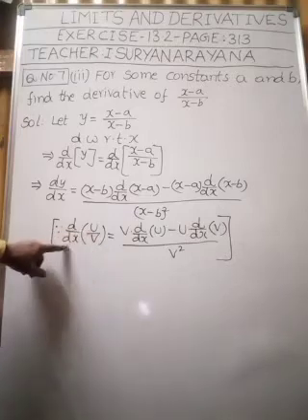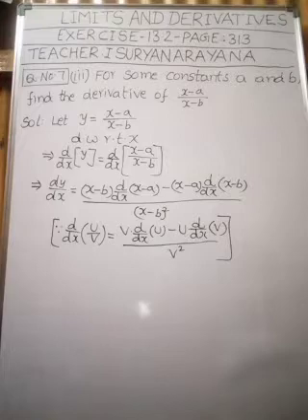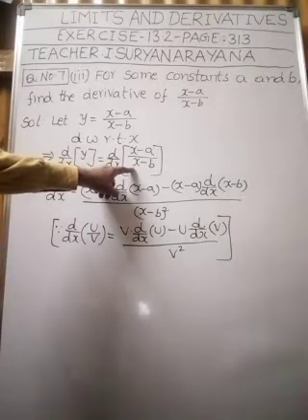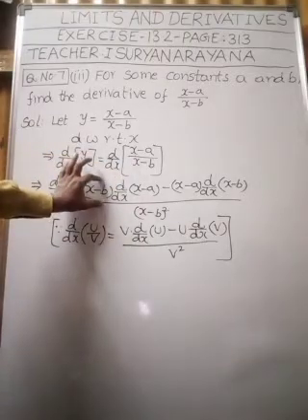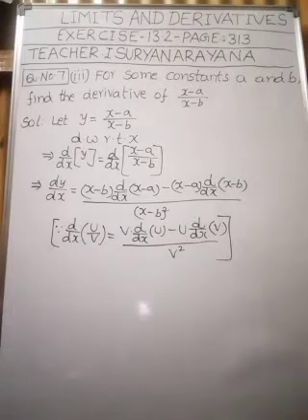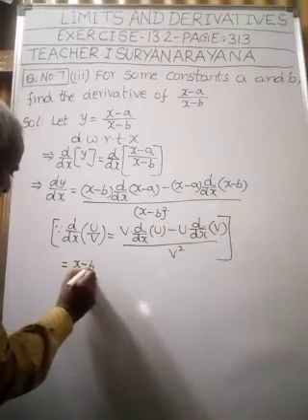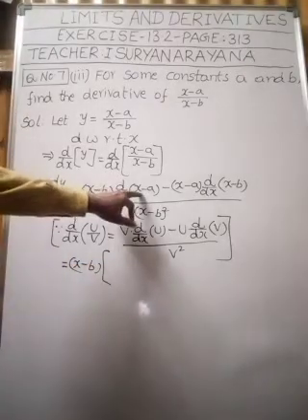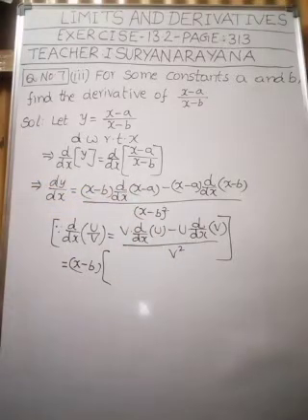Okay, my children, by using this quotient rule, this is also called the quotient rule, where u is equal to x minus a, v is equal to x minus b. In this formula, I substituted. Understood this step, my children? Right. Now, x minus b into, if you observe this function, we have to find the derivatives of these two terms separately.